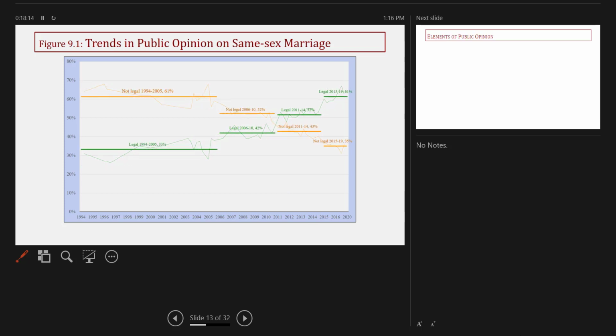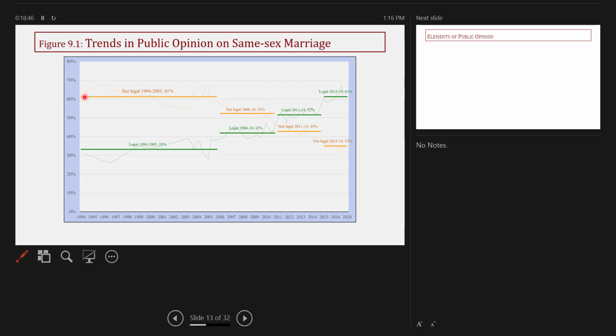Now, I've taken a closer look at this, and you can get a better idea of how these trends started. I just calculated the average percentage of Americans that said same-sex marriage should not be legal or should be legal in different periods, from 1994 to 2005, from 2006 to 2010, from 2011 to 2014, and then 2015 to the present.